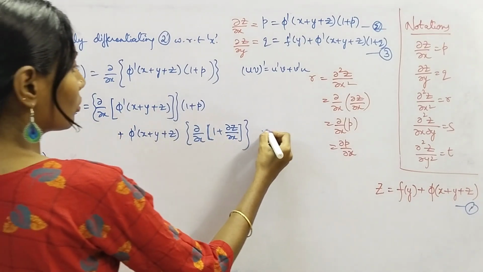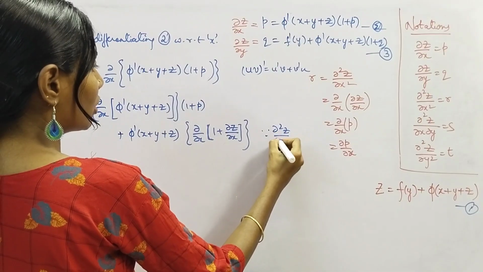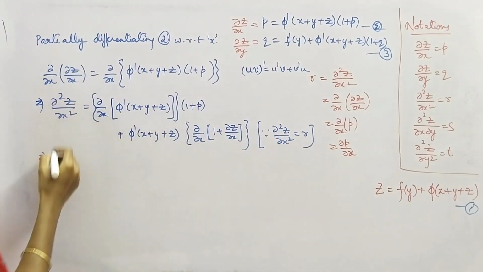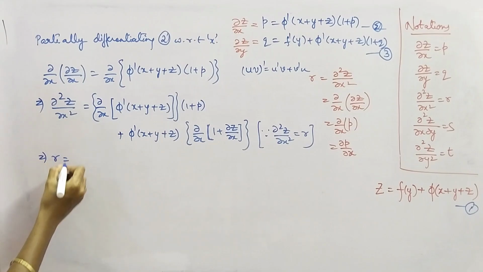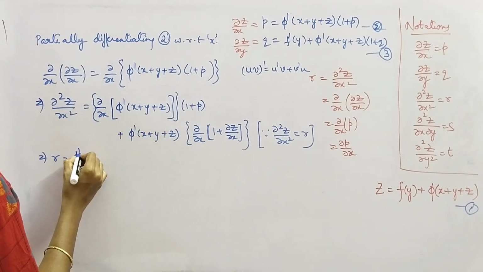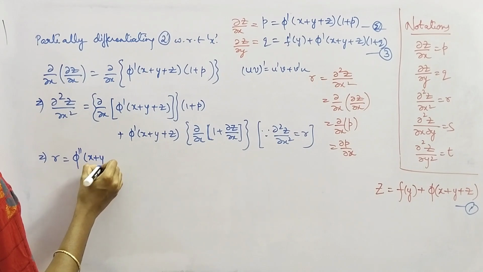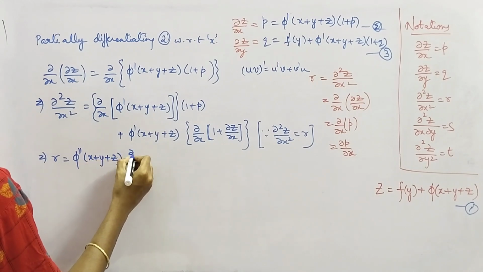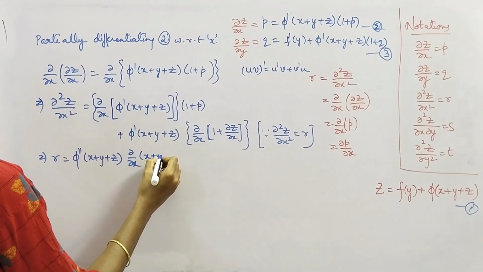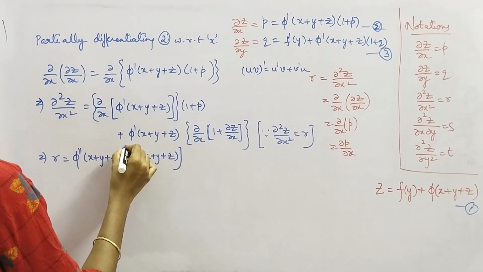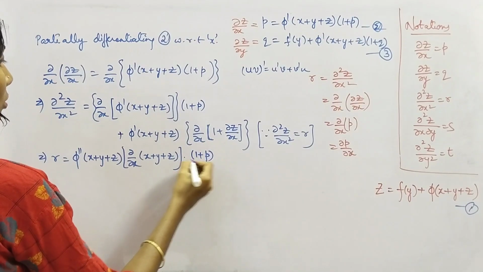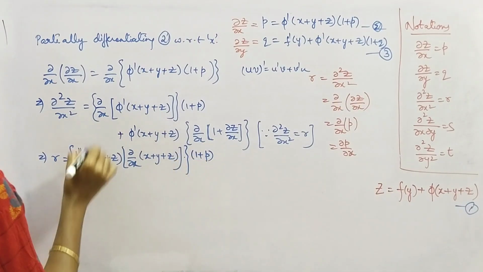Since we know that dou square z by dou x square equal to r, let's replace the LHS part by r. You'll get r equal to partial derivative of phi dash of x plus y plus z is phi double dash of x plus y plus z into inner derivative, that is dou by dou x of x plus y plus z into 1 plus p.